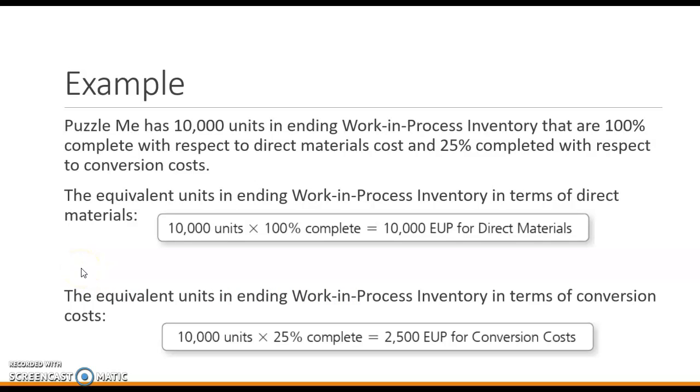Now for the 10,000 units, remember they had 50,000 units that were at least started. Out of those, 40,000 units left the assembly department to go into the cutting process, and 10,000 units are staying back in the assembly department.